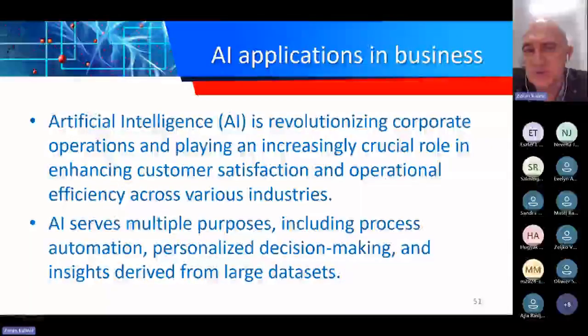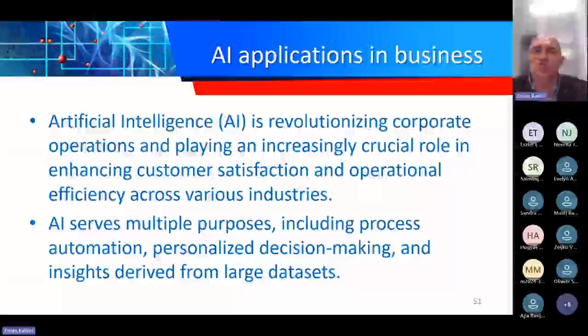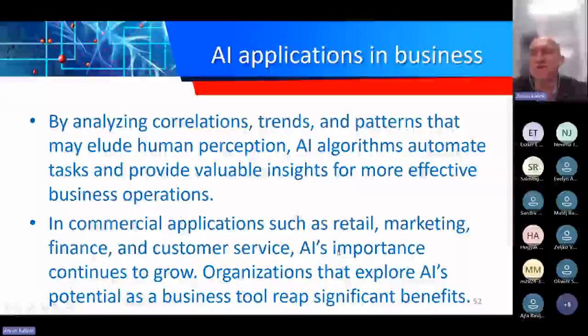There are different purposes, of course, process automation, so to try to, let's say, replace human operators in some jobs with AI agents. Again, decision making and the analysis of large amounts of data.